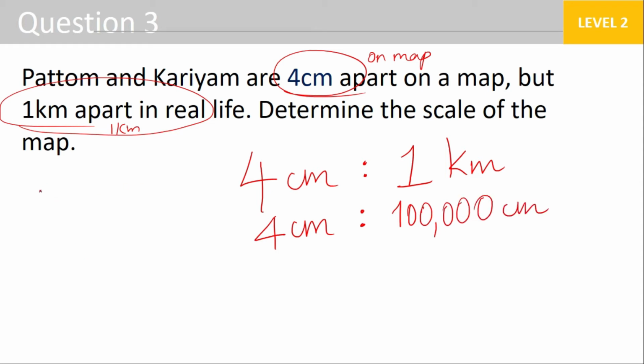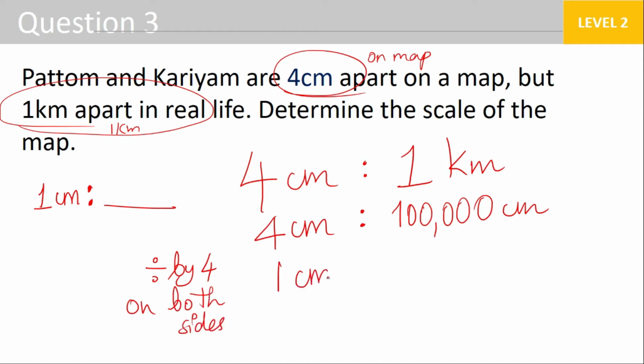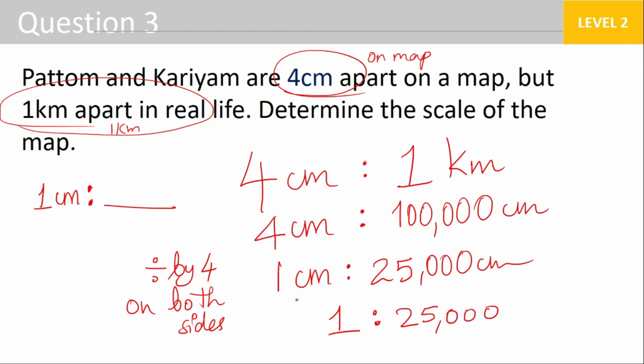And for the map scale, I want to know what 1 centimeter is to. So to fill this, I'll divide by 4 on both sides. I'll have 1 centimeter is to 25,000 centimeters. So my map scale can be written as 1 is to 25,000. This is my answer.